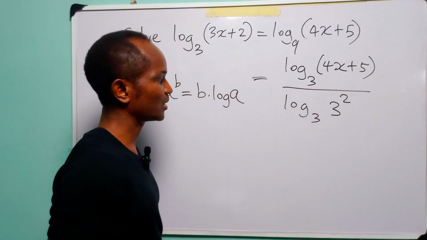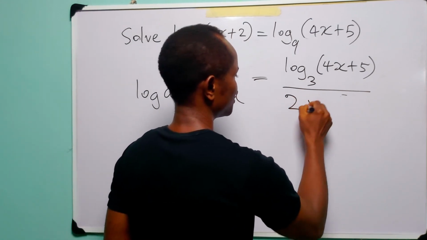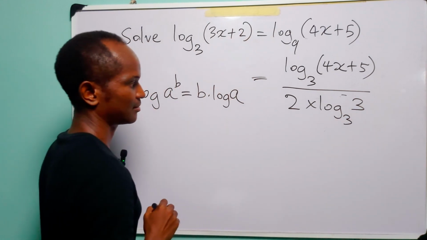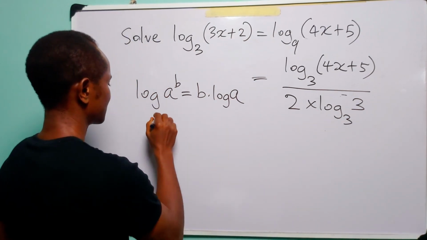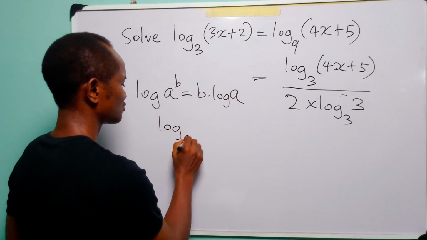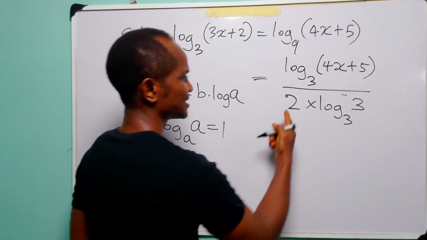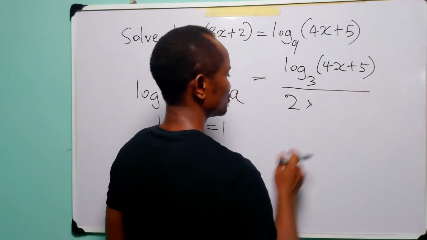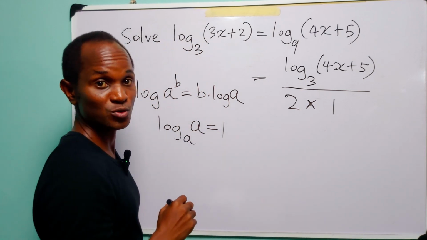When we do that, we have 2 times log to base 3 of 3. But then also, when you look at this and remember that log to base a of a is equal to 1, you notice that the denominator is simply 2 times 1, which of course is equal to 2.